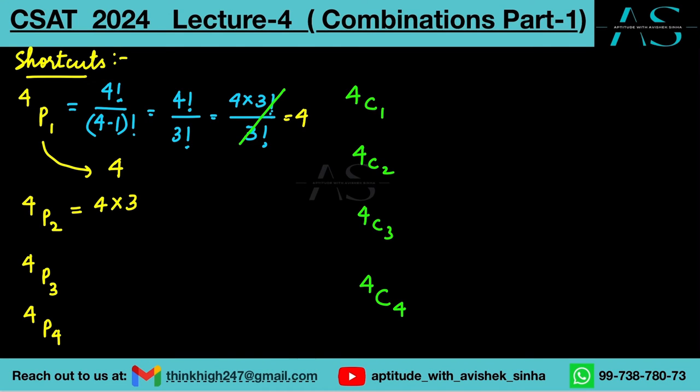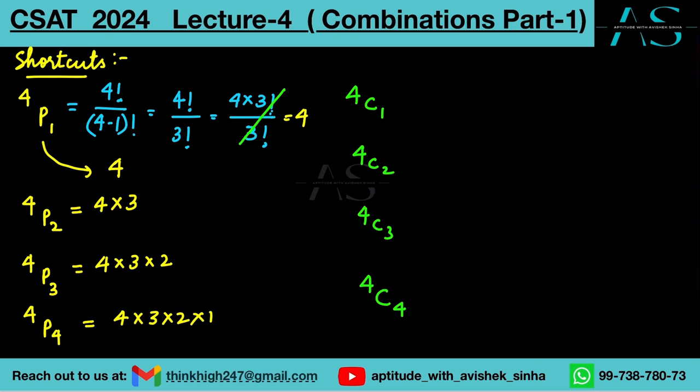That is the value for 4P2. No need to do it with the help of the formula. Therefore, we have a shortcut. Now 4P3 would be simply 4 into 3 into 2, 3 places. 4P4 is simply 4 into 3 into 2 into 1, 4 places. And you know for a fact 4C4 is 1.